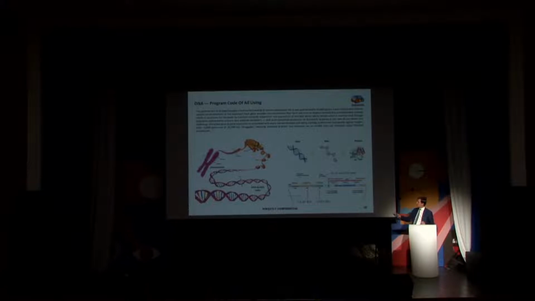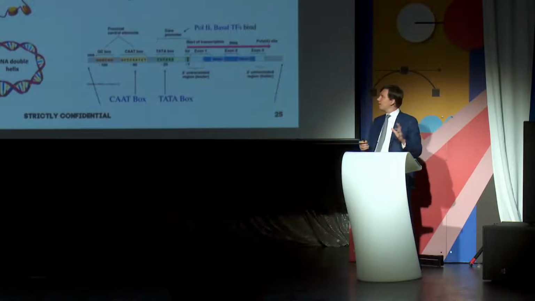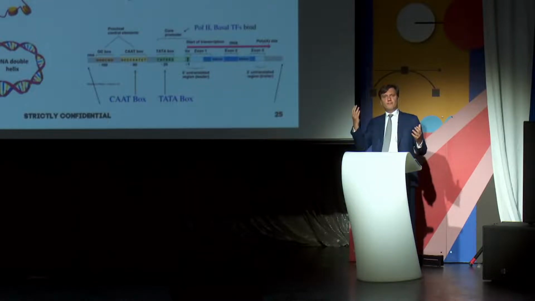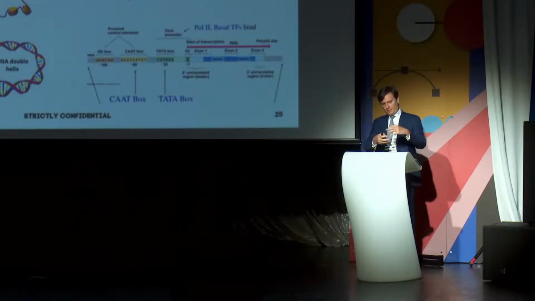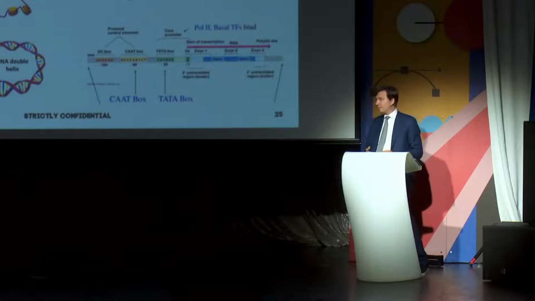RNA is a short code. If you're not a molecular biologist, DNA is like a hard drive, like a file on a hard drive, right? And then RNA is just like one file. So you probably take this hard drive and you put a file into your RAM memory.